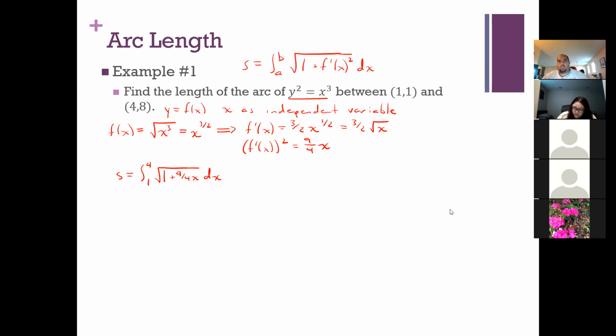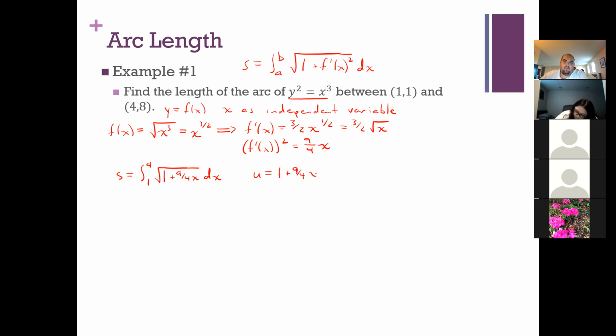Would it be u substitution? Yep, we can try that. What do we want to use for u? One plus 9/4 x. Yep, so we've got a composite function here.